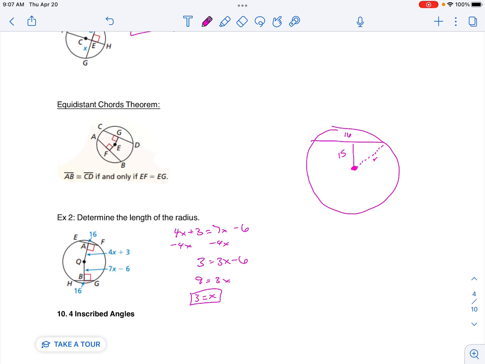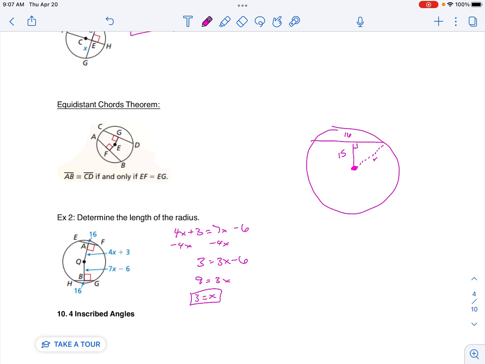Well, you then have to apply that information. So this isn't shown, but you have to know that a radius, remember, is from the center to the edge of that circle. So we found the value of X, subbed it in to find the value of QA, or you could go QB, doesn't really matter, which is 15.